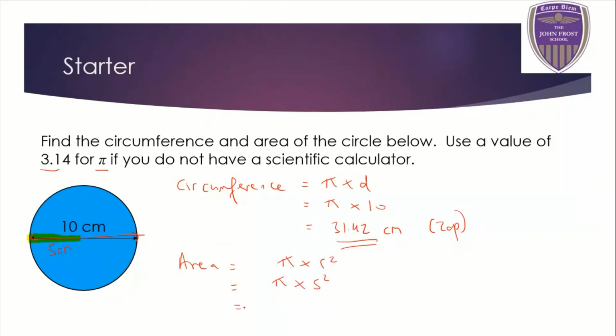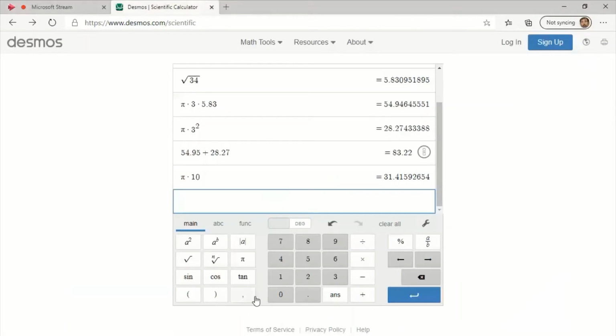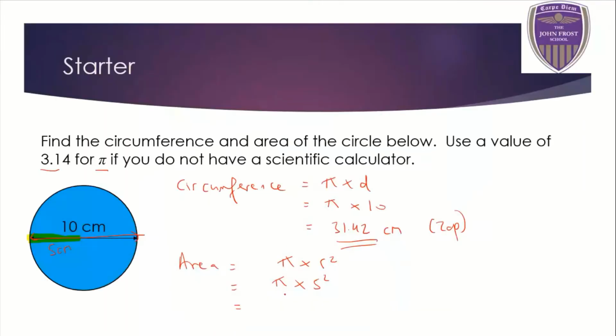And on a good calculator, like my one on the screen now, you can just do pi times 5 squared. It gives you 78.54, 2dp. Remember, this is an area, so it's going to be in centimeters squared, because area is about counting squares.